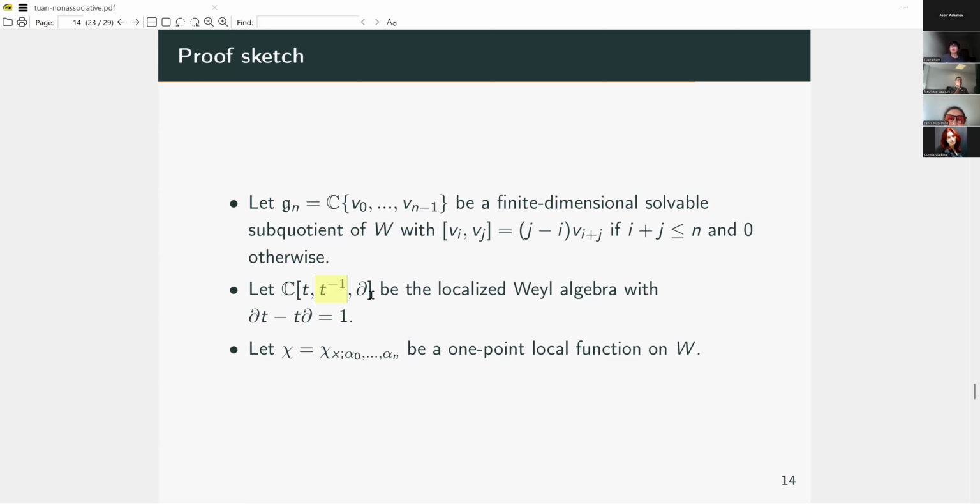Here I'm using notation slightly loosely, because we all know that when we write polynomials like this, it's commutative, but for the purpose of this talk, I'm just going to write it like this. This is the localized Lie algebra, and then I take any one point local function on W.